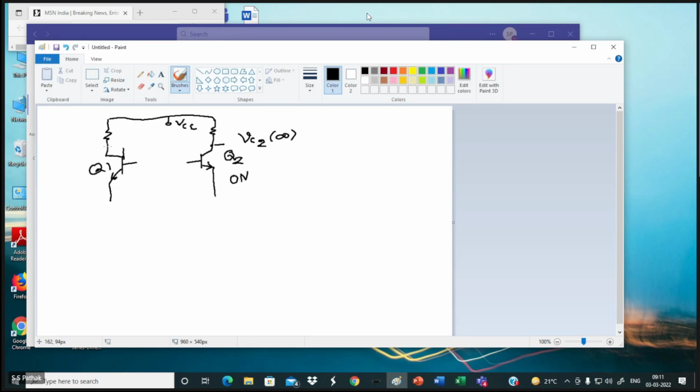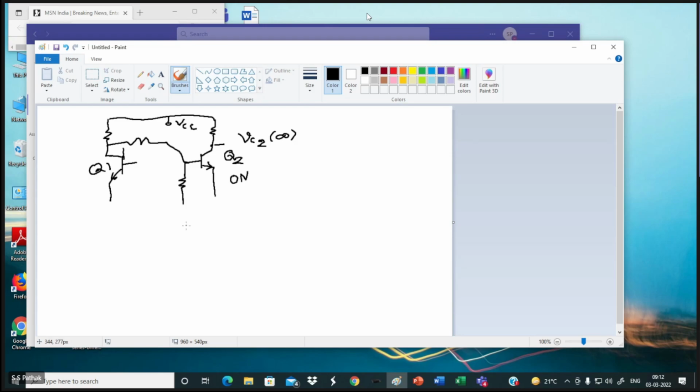Infinity means this is your on, okay? And this is connected by a resistance to this base. And here, as I said, we were requiring one negative supply. That negative supply will not be needed because this base is open and the trigger is applied here. We are making it very close to saturation, not deep inside saturation.